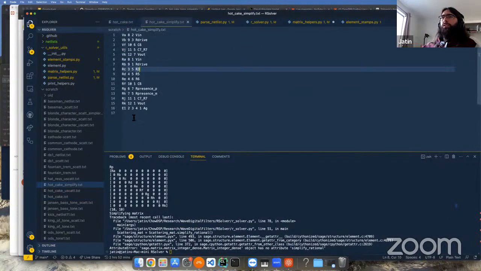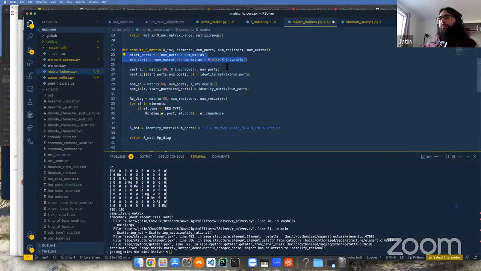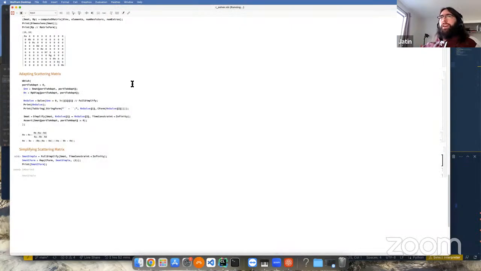And then I'm working on this simplified netlist that hopefully we should be able to compute a scattering matrix for a little bit more easily. And now I'm fiddling with Mathematica and Sage Math to try to generate the scattering matrix for me. And it's taking a little while, so I don't know if we'll be able to finish this one today, but we'll come back to it at some point in the future.